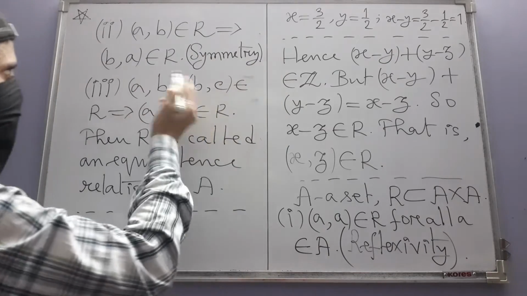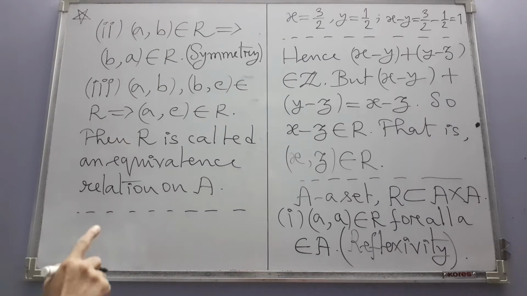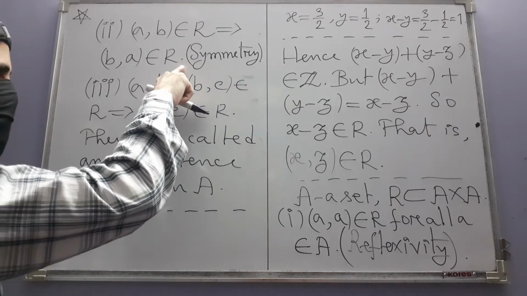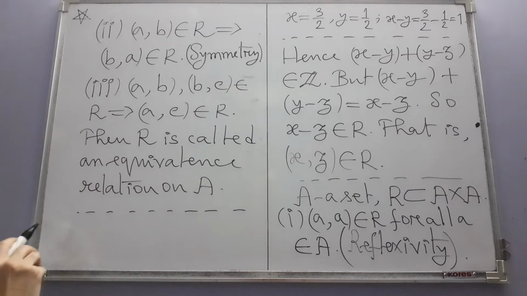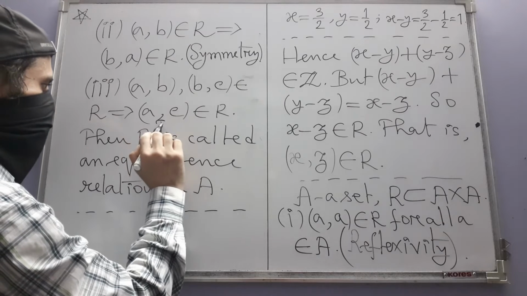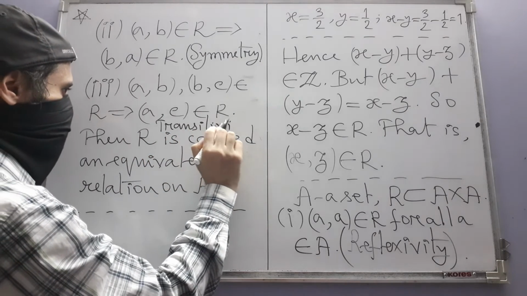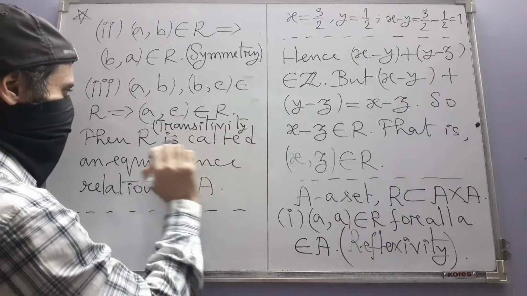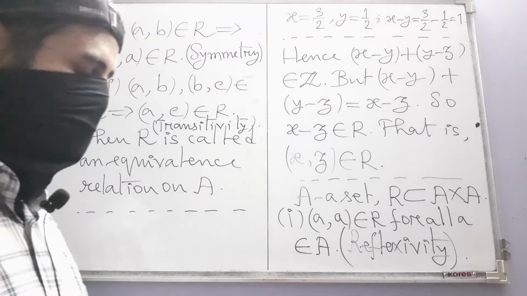It's obvious why this is called symmetry, because (a, b), (b, a). And a relation which satisfies this condition will be called symmetric. And this third one is called transitivity. And a relation which satisfies this will be called a transitive relation.